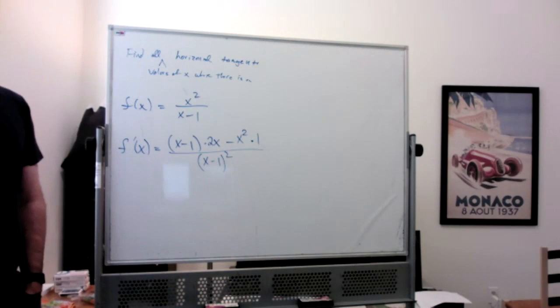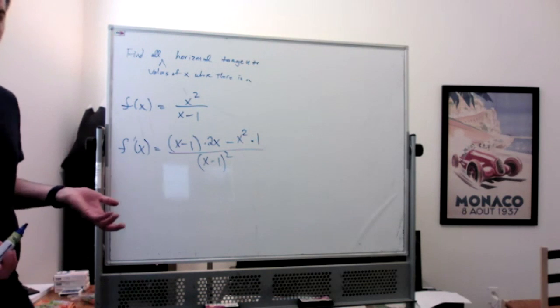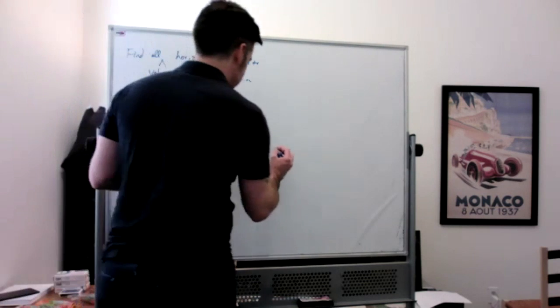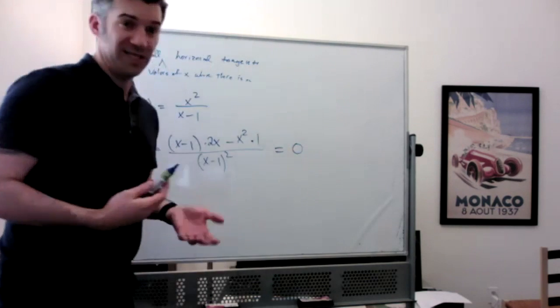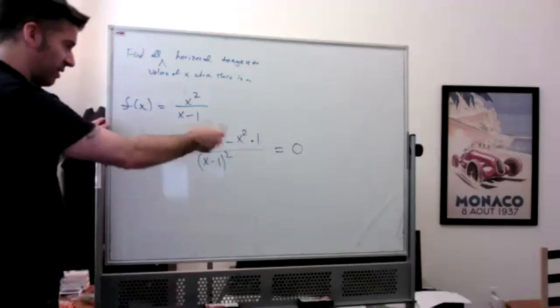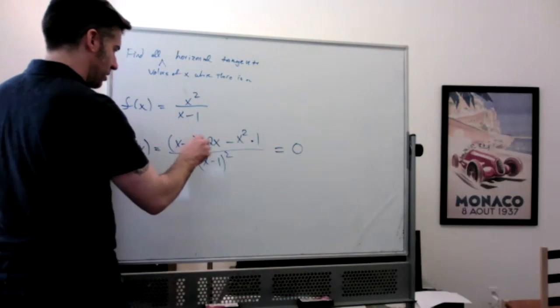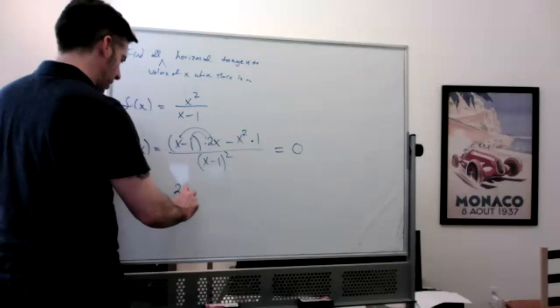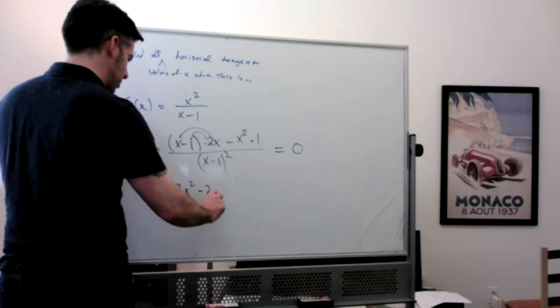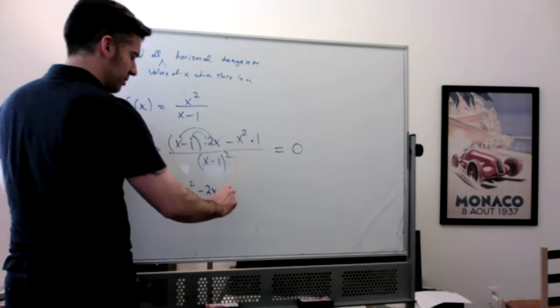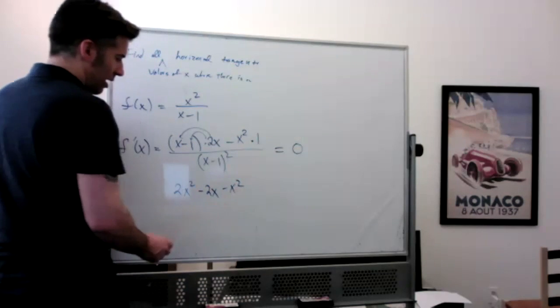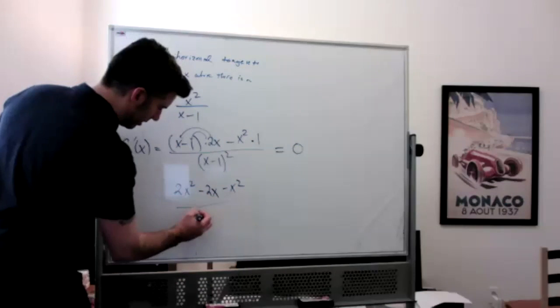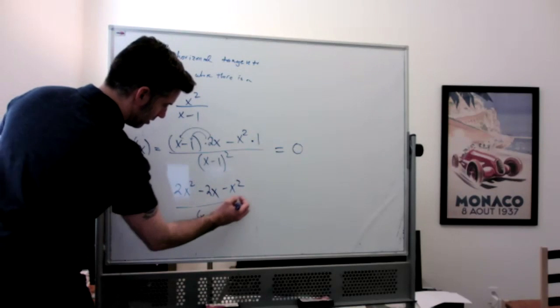And now I want to set that equal to 0. When you're setting derivatives equal to 0 like this, we definitely have to simplify. So I'm going to simplify the top part: 2x times x and 2x times minus 1 gives 2x squared minus 2x, minus x squared times 1 is minus x squared, over x minus 1 squared equals 0.